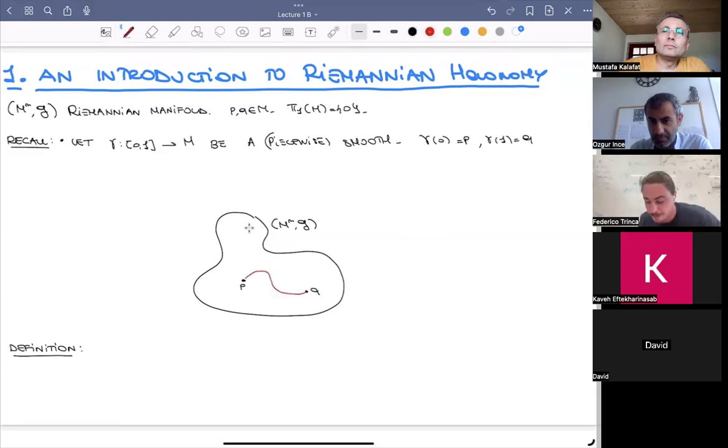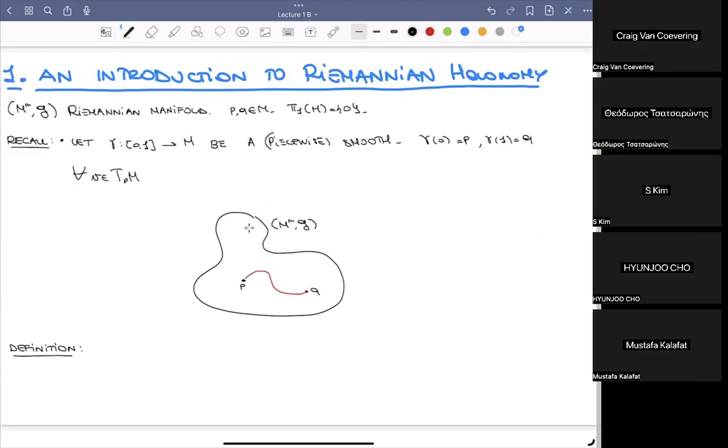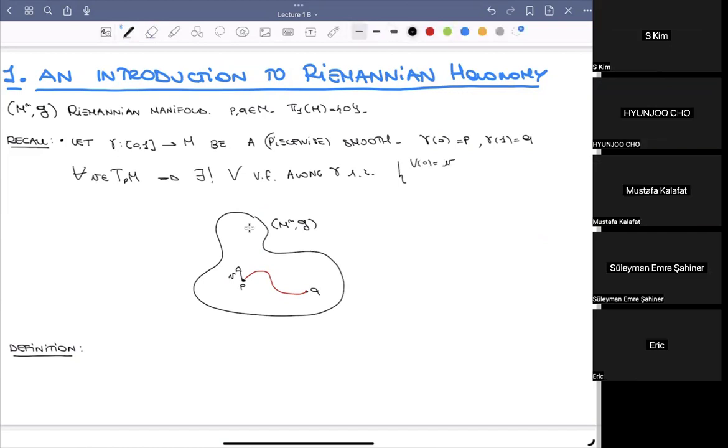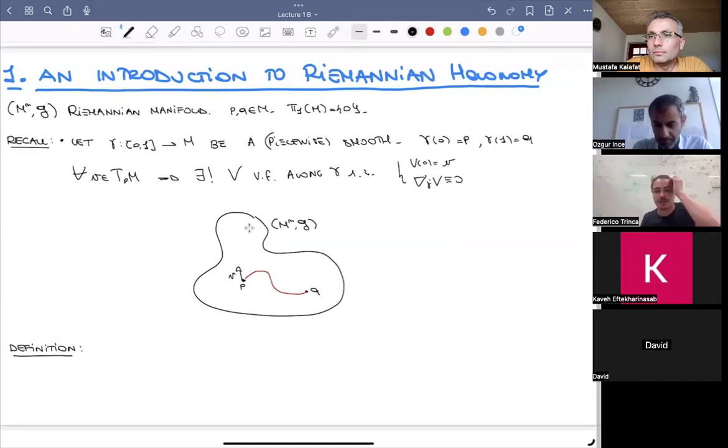For every vector v in T_pM, there exists a unique vector field V along gamma such that V(0) = v and it is parallel, so the covariant derivative of V along gamma dot is identically equal to 0.